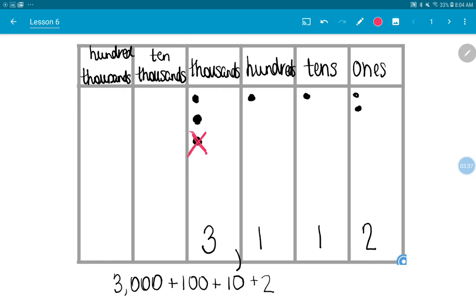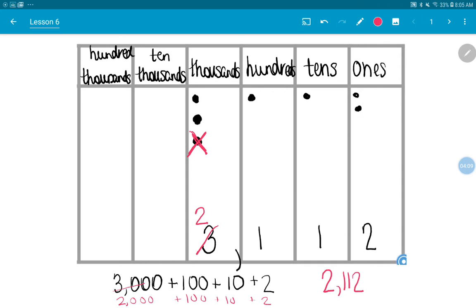So now instead of 3,000 I have 2,000. I could change it in my expanded form. My standard form of that number would be 2,112. So all I'm doing is just changing one of the place values.